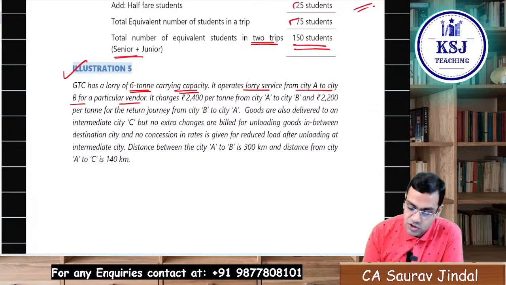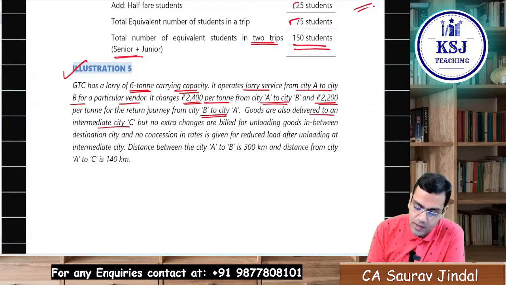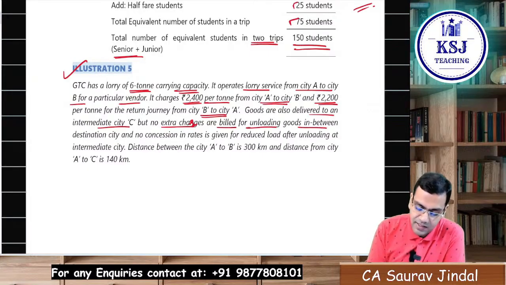It charges 2500 per ton from city A to city B and 2200 per ton on the return journey from B to A. The goods are also delivered to an intermediate city C, but no extra charges are billed for unloading the goods in between, and no concession in the rates is given for the reduced load after unloading at the intermediate city.